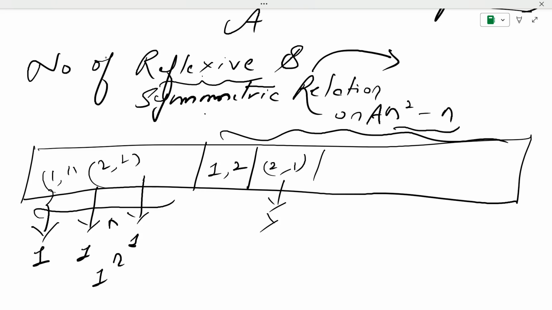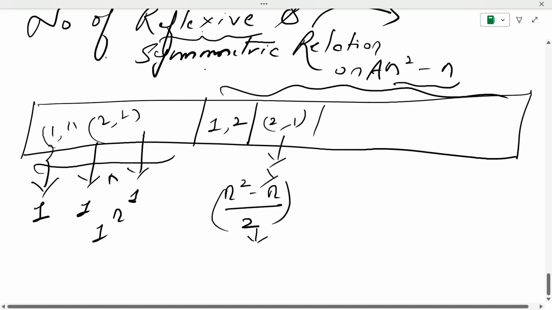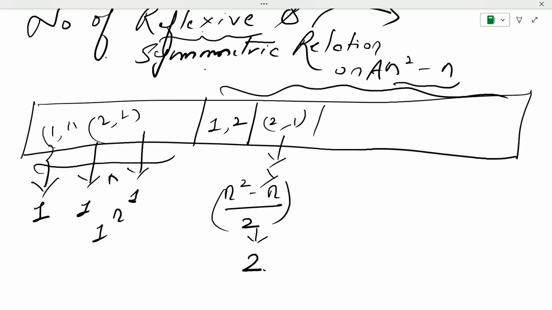So we can divide it into (n squared minus n) upon 2 groups, and there are choices for each.